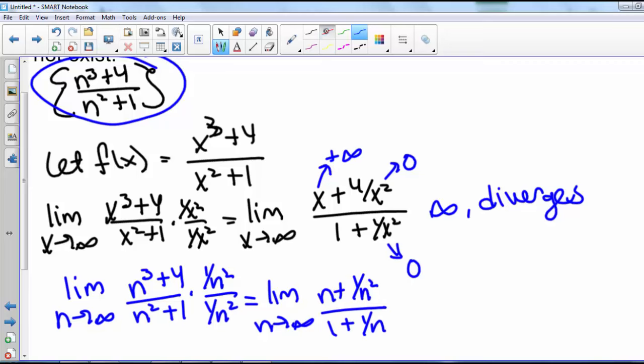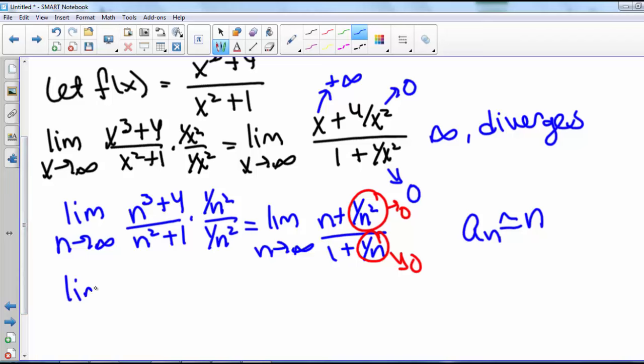So now 4 over n squared goes to 0, and 1 over n squared goes to 0. So we're left with the limit as n goes to infinity of n divided by 1. So when n is large, our sequence a sub n is about n. So that means that our limit as n goes to infinity of a sub n equals infinity and diverges.